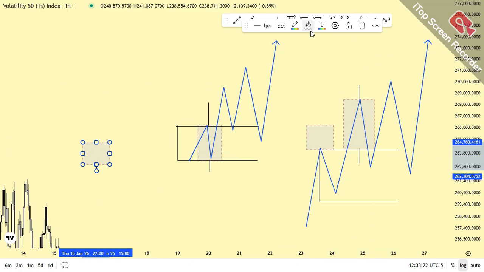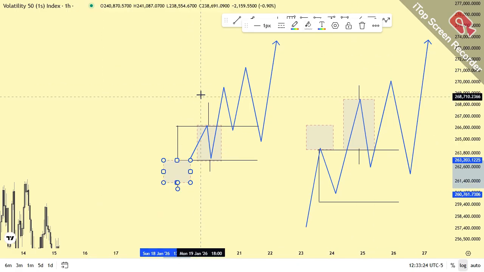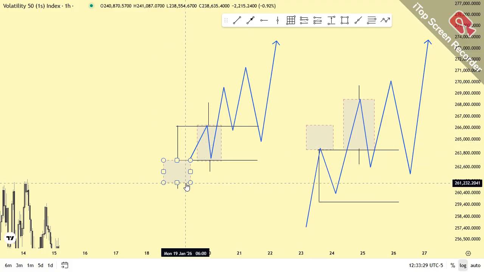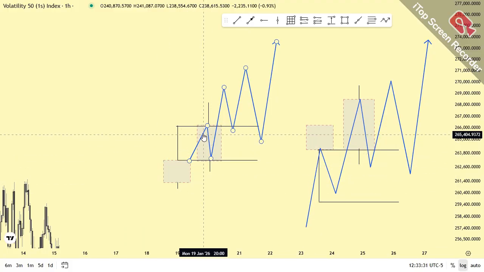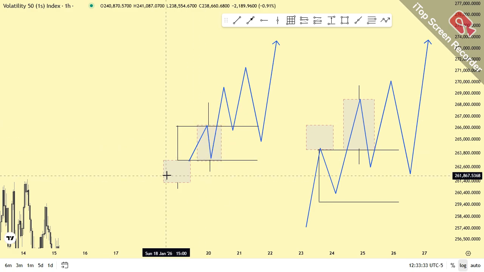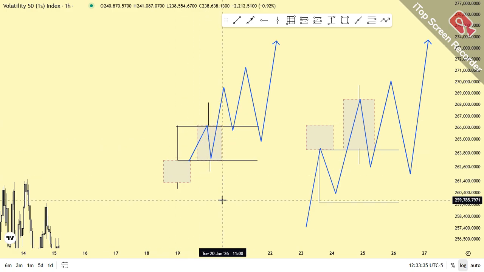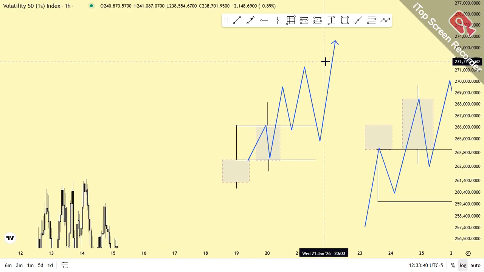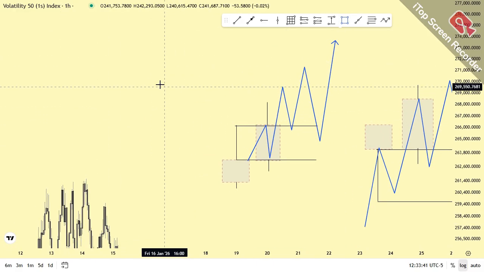So the idea is this, or let me just do that of an engulfing candle.